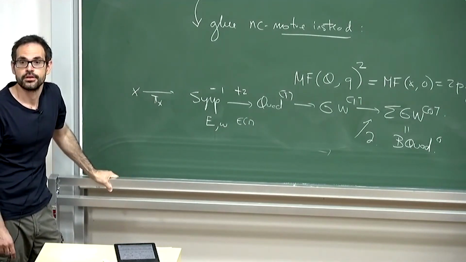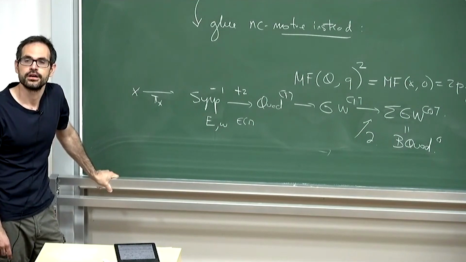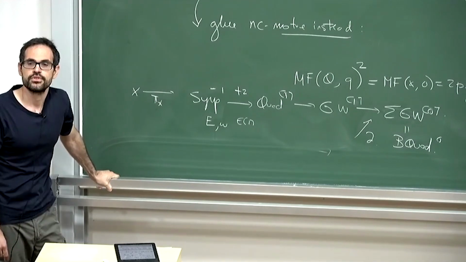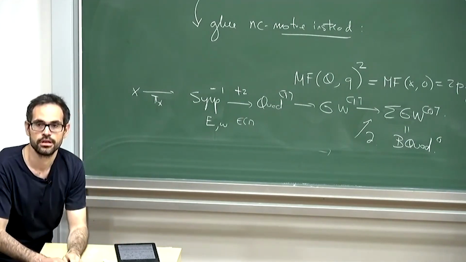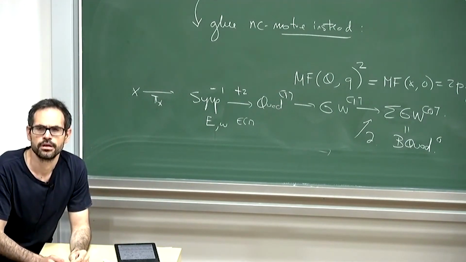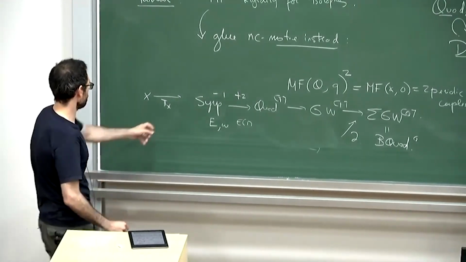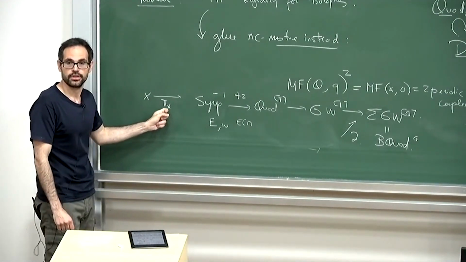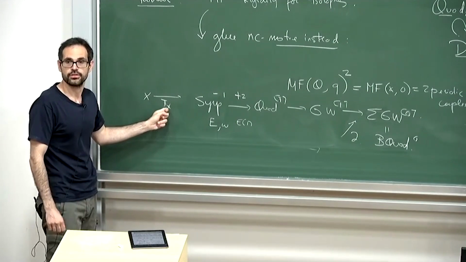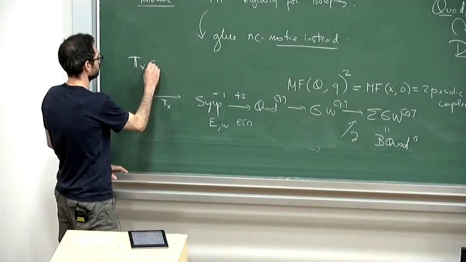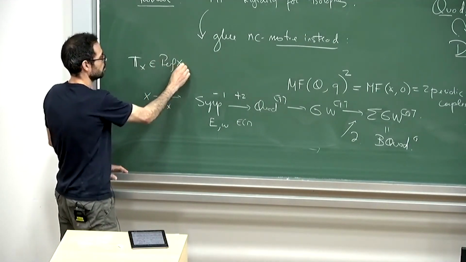Could you bunch all those shifts together in a single object? What shifts? You have these shifted symplectic forms or shifted quadratic, something that lives in the tangent bundle of X. How can you bunch them all together into a single thing?